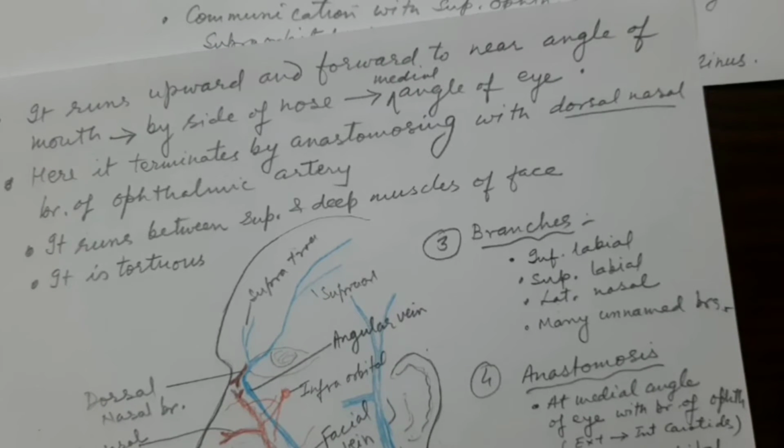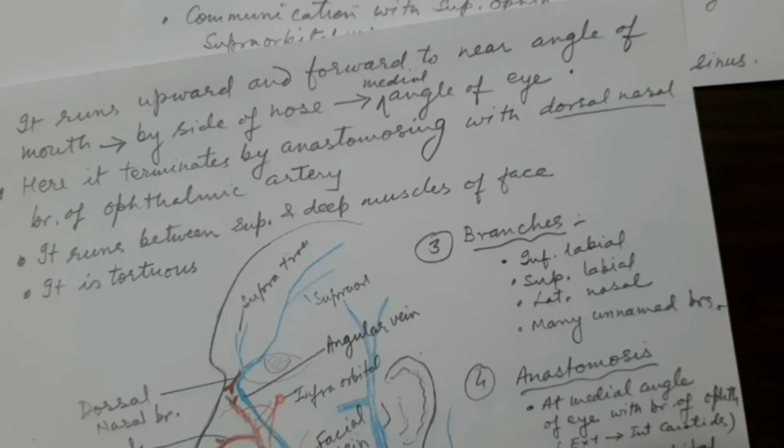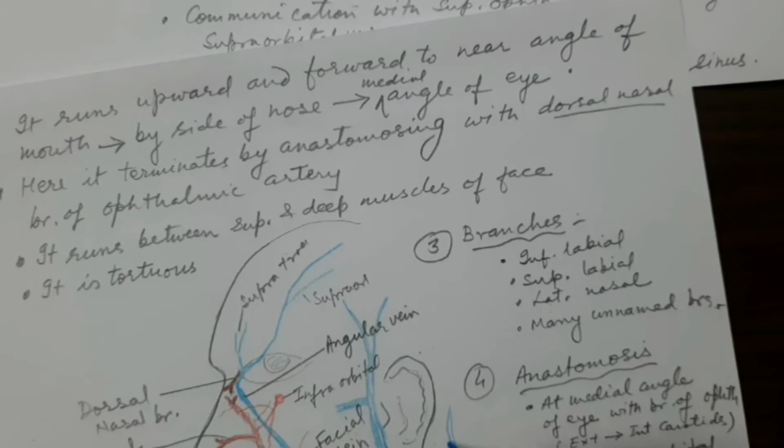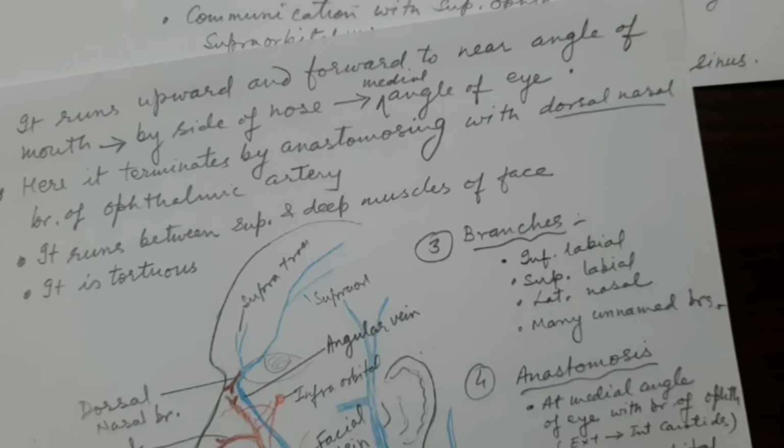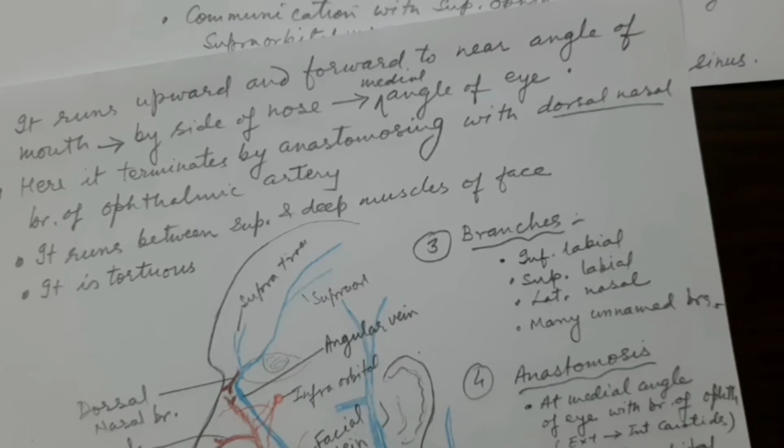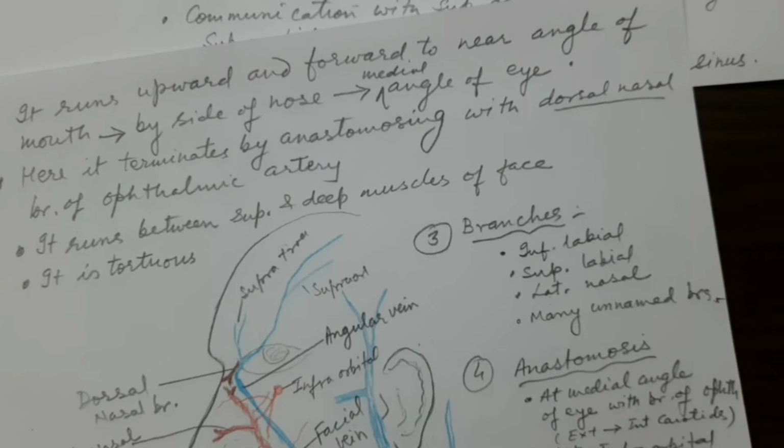And the posterior division of the retromandibular vein will join with a vein coming from above behind the auricle, hence called the posterior auricular vein. So the posterior auricular vein and the posterior division of the retromandibular vein unite here and form the external jugular vein of the neck.